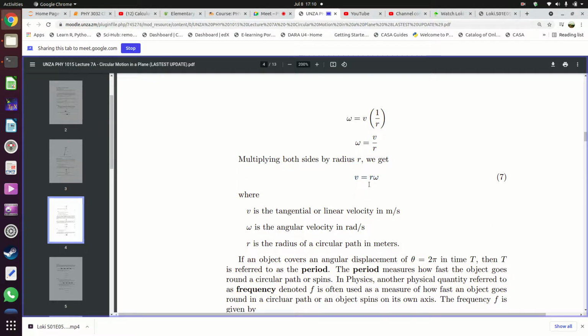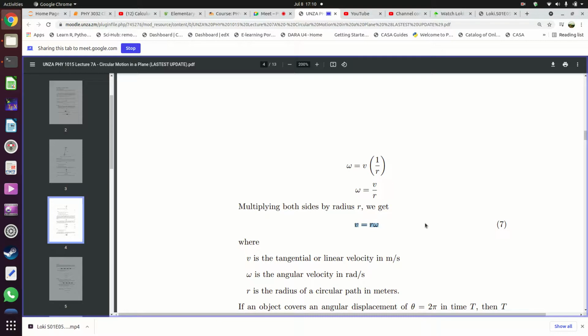I felt it's important that you see where this relationship comes from, and I think this is a very simple way of showing how the velocity v is related to the angular velocity omega and r, the radius. So you have v equals r times omega, equation number 7. Is that clear to everyone? How v, the velocity in meters per second, is related to omega in radians per second?